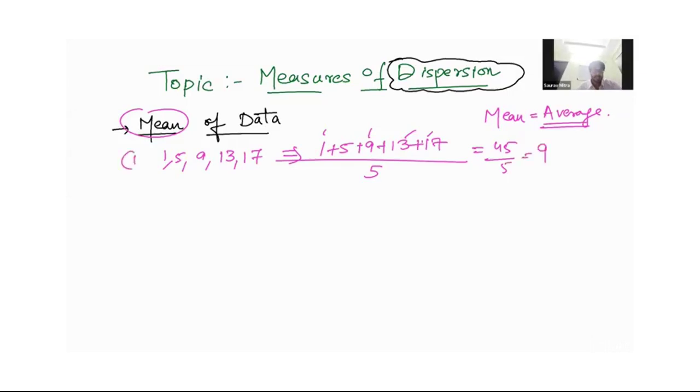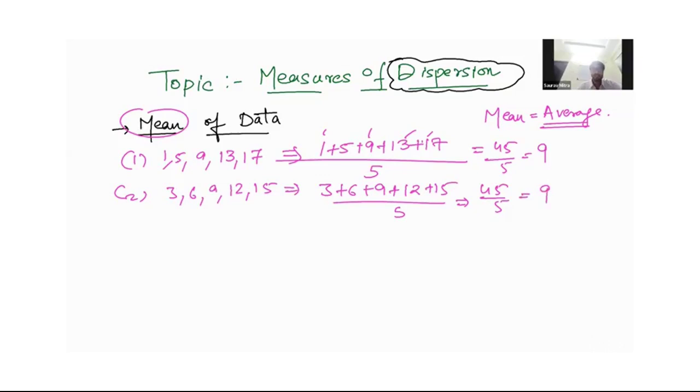This is our first example. Second, we have another data: 3, 6, 9, 12, 15. Again we calculate the mean: 45 by 5, which is 9.